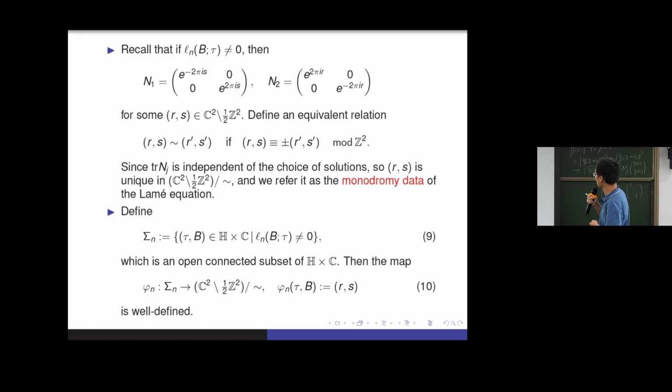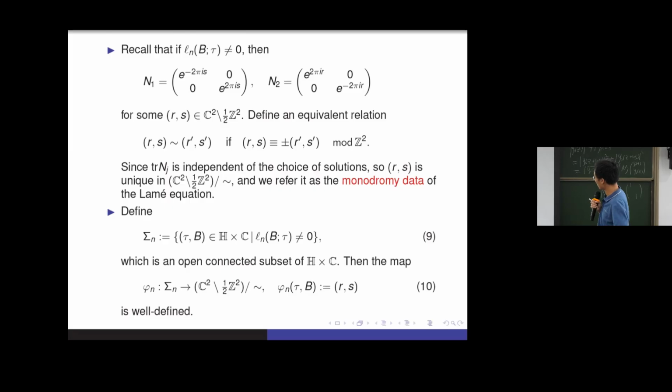So you can define an equivalence relation between RS and R prime S prime if they have this relation. Then the trace of the monogeomy matrix Nj is independent of the choice of solution. So RS is unique under this equivalence relation. And we call this RS the monogeomy data.